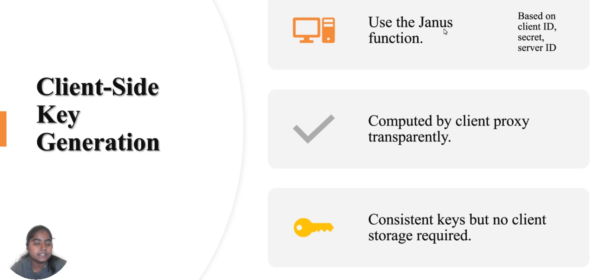The Janus function is completely based on the client ID, client secret, and the server ID. This is computed by the client proxy transparently. This also helps in providing consistent keys where no client storage is required. There is no need to store this kind of data on the client side.